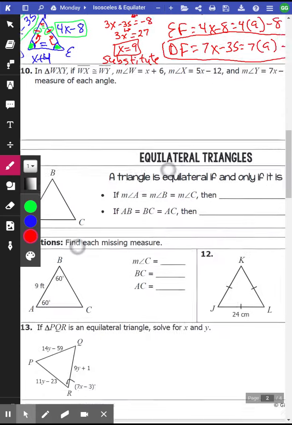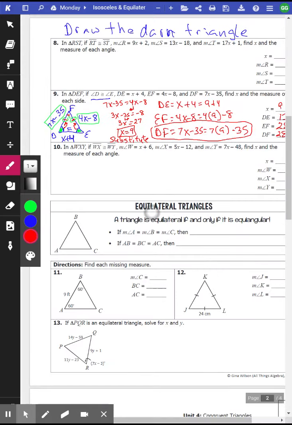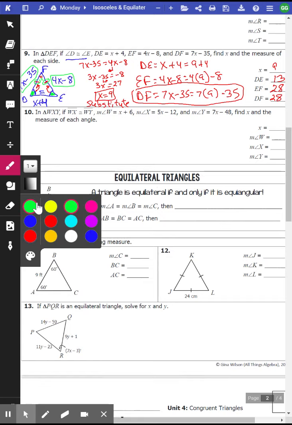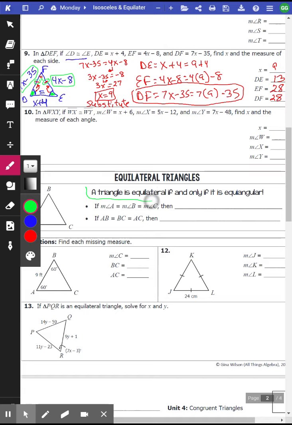All right, here comes our last bit. Ask me questions tomorrow, please. Equilateral triangles. This is very important. A triangle is equilateral if and only if it is also equiangular.